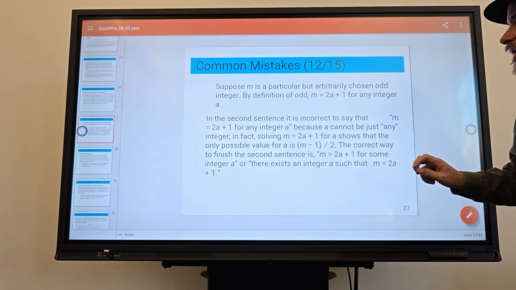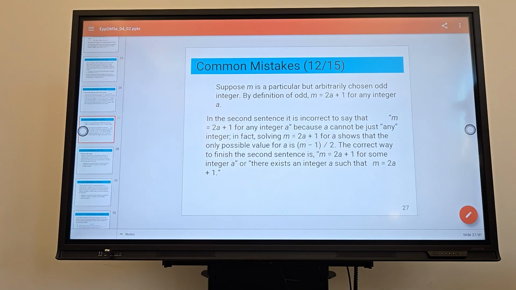So suppose m is a particular but arbitrarily chosen odd integer. By definition of odd, m equals 2a plus 1 for any integer a. That's the wrong word to use because there's only one integer a that makes m odd, or that would fit this equation: m minus 1 divided by 2.